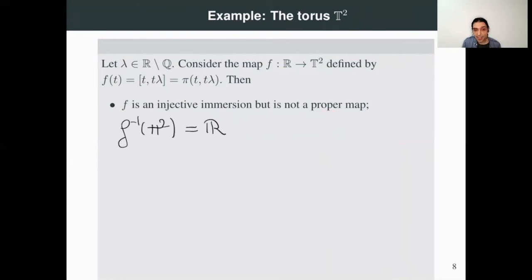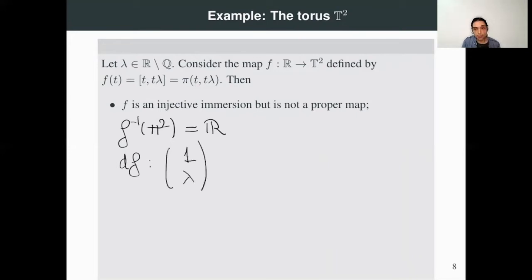But it is an injective immersion because the expression of F in local charts is just (t, t times lambda). And the differential of F at any point, since this map is actually linear, is going to be the linear map whose matrix is (1, lambda).